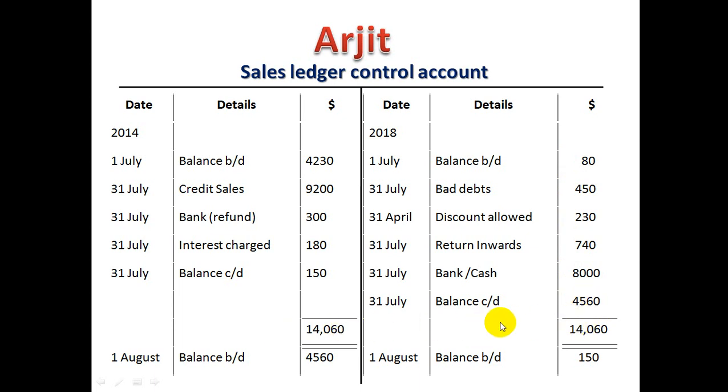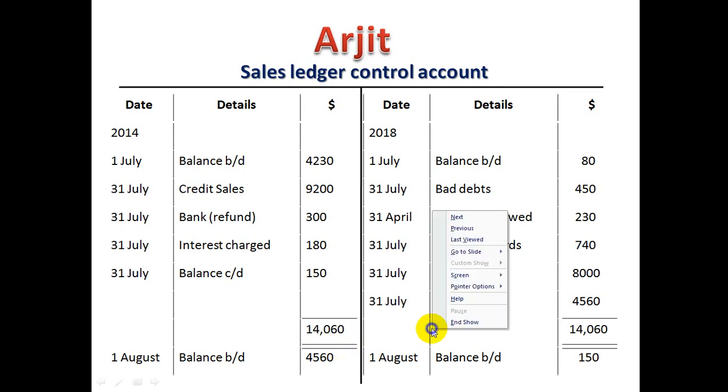After this, our ledger account will be ruled off because the total is the same. And this balance carried down is determined by us as the debit balance, or you can say the balance b/d. The date which we mention with it is the next month's first date. That is how the debit balance is determined by us.